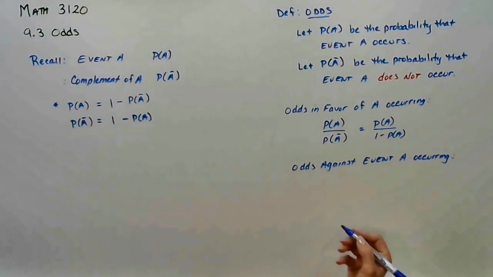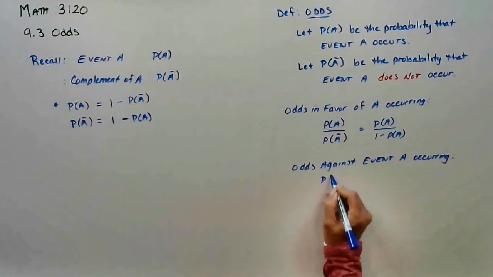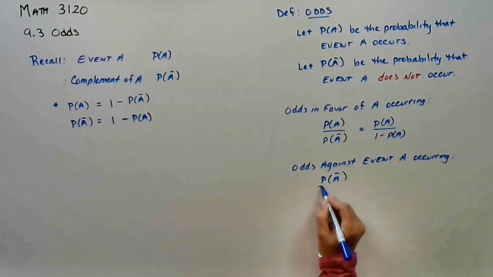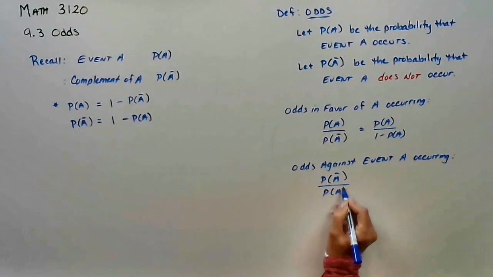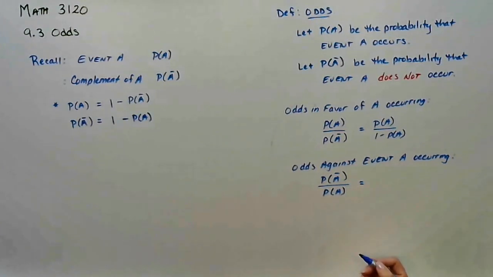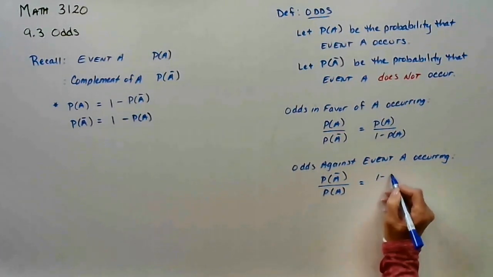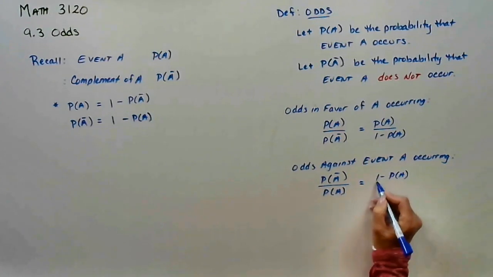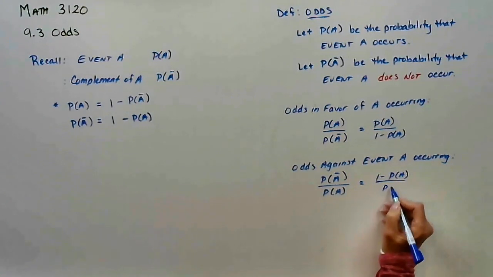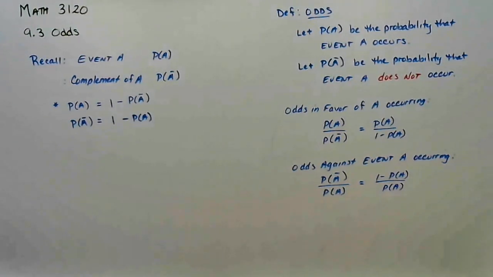So this would be the probability of the complement over the probability of A. We're going to practice some examples. Right now, I'm just giving you the definition so we can take a look at it.